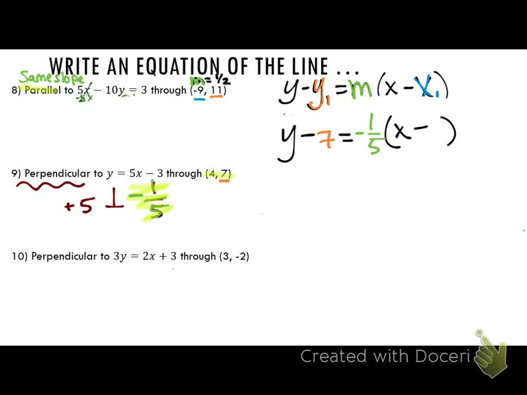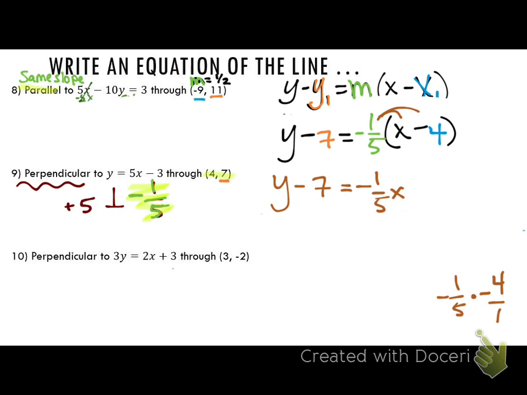And then my x coordinate, 4. So we got negative 1/5 x, and then negative 1/5 times negative 4.